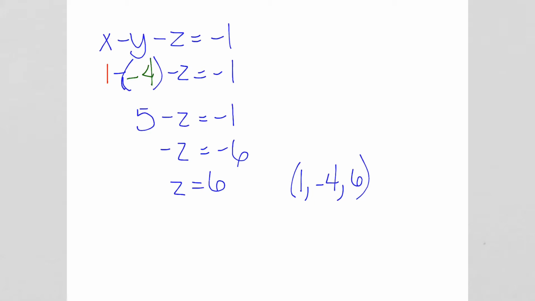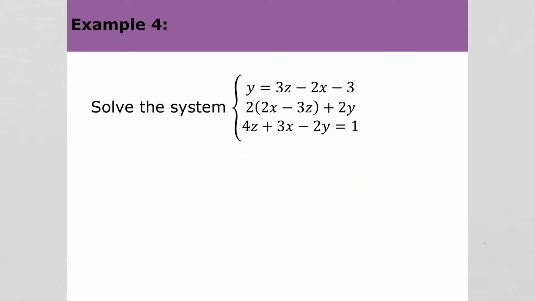Okay, we've got 3 more examples just so that you make sure you have the hang of this. So example 4, we need to be in the form a plus b plus c equals d, and we're not. So we need to get there.